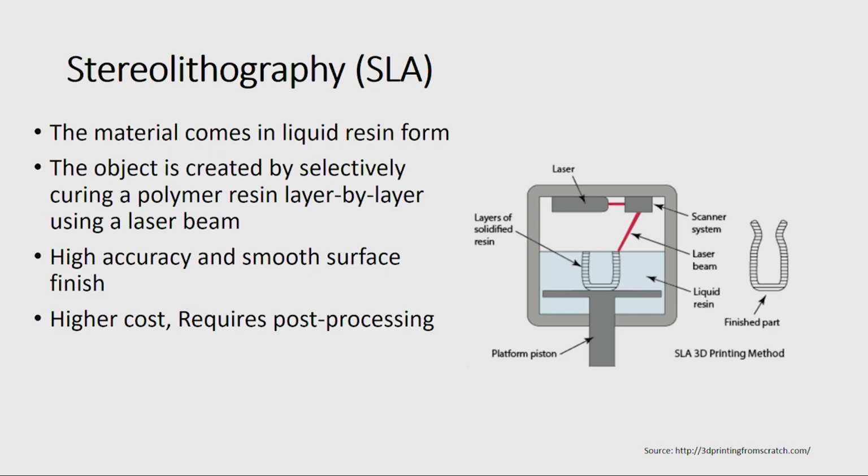Here the objects are created by selectively curing the polymer resin layer by layer using a laser beam. One of the advantages of SLA 3D printing is its high accuracy and smooth surface finish. The high accuracy and smooth surface finish come at a cost.